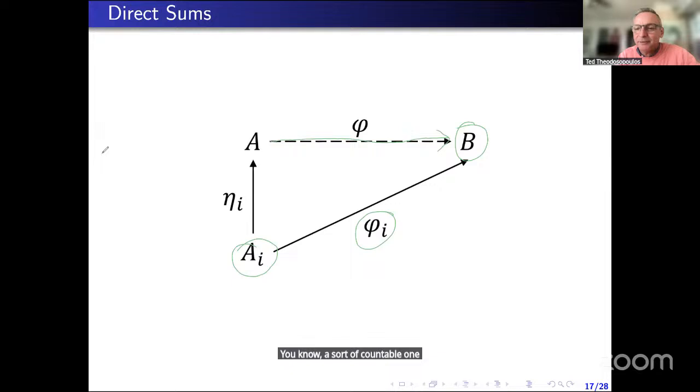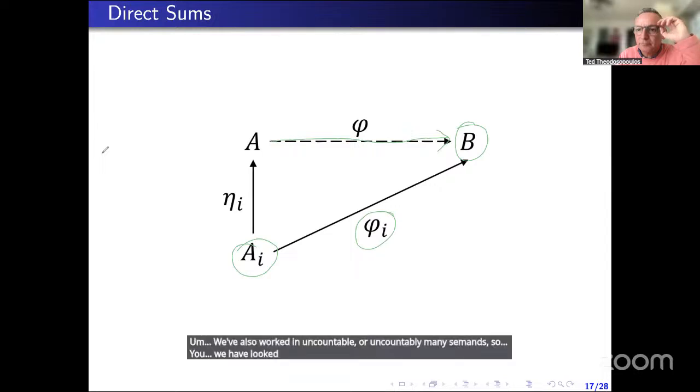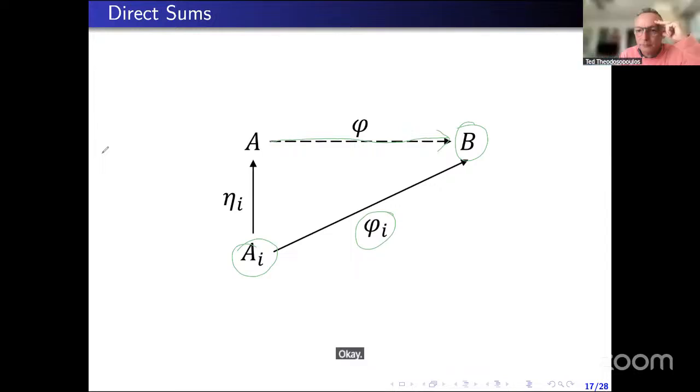But are we about to extend this now? We've also worked with uncountably many summands. So we have looked into extensions and extension monads of direct sums, but that's a ways down the road, and I don't think we're going to get there in 10 minutes.